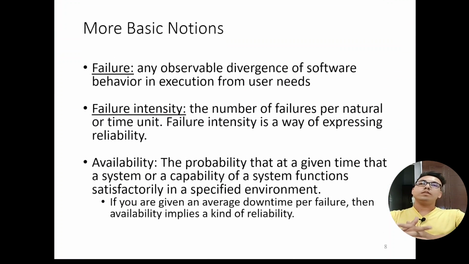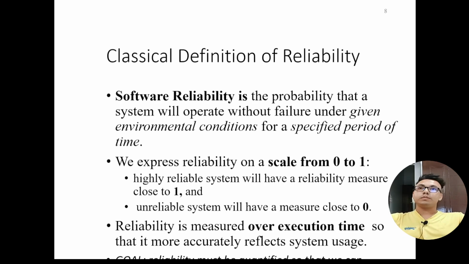There are more basic notions: failure, an observable divergence of software behavior in execution from user needs, and failure intensity, the number of failures per natural or unit time. Failure intensity is a way of expressing reliability, the probability that at a given time a system or a capability of a system functions satisfactorily in a specific environment.